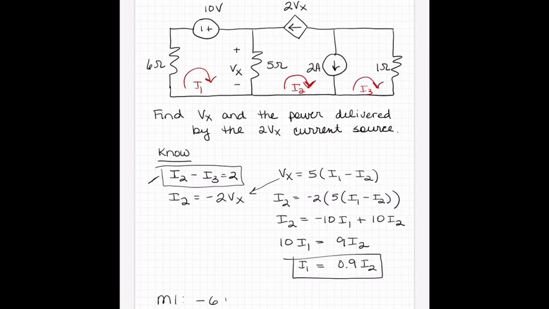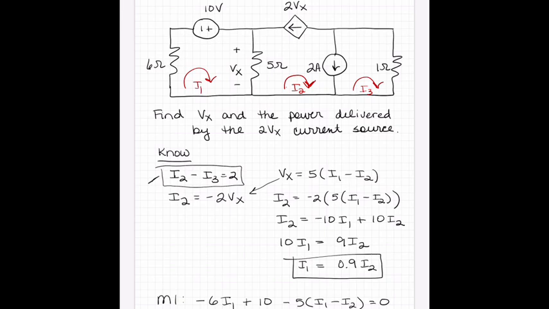It's 6 times I1. 6 ohms is on the outside of a mesh, plus 10, minus 5 times I1 minus I2. Following the technique, it's the mesh I'm dealing with minus the current on the other side. Back to where I started, I can sum to 0.